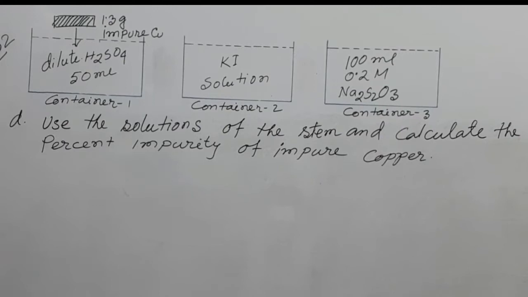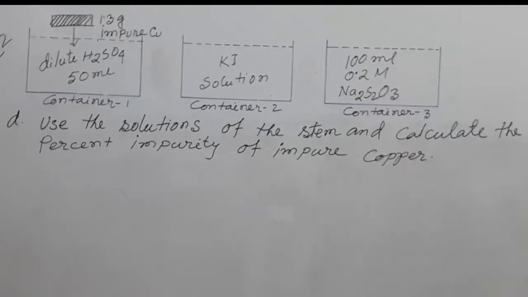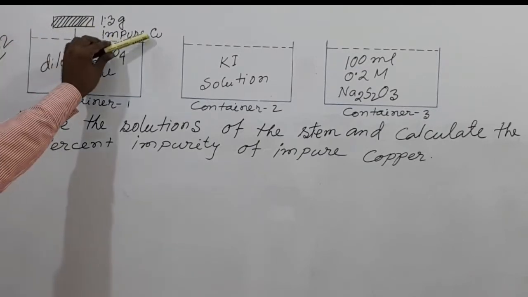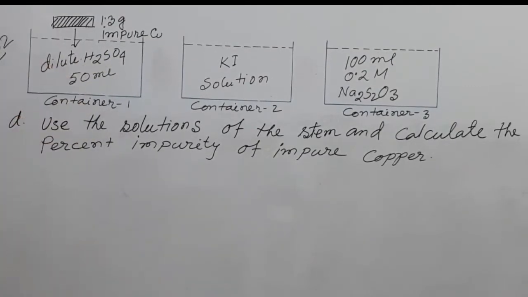My dear students, our next question is: use the solutions of the stem and calculate the percent impurity of impure copper. We see that 1.3 gram impure copper is dissolved in 50 ml sulfuric acid solution.